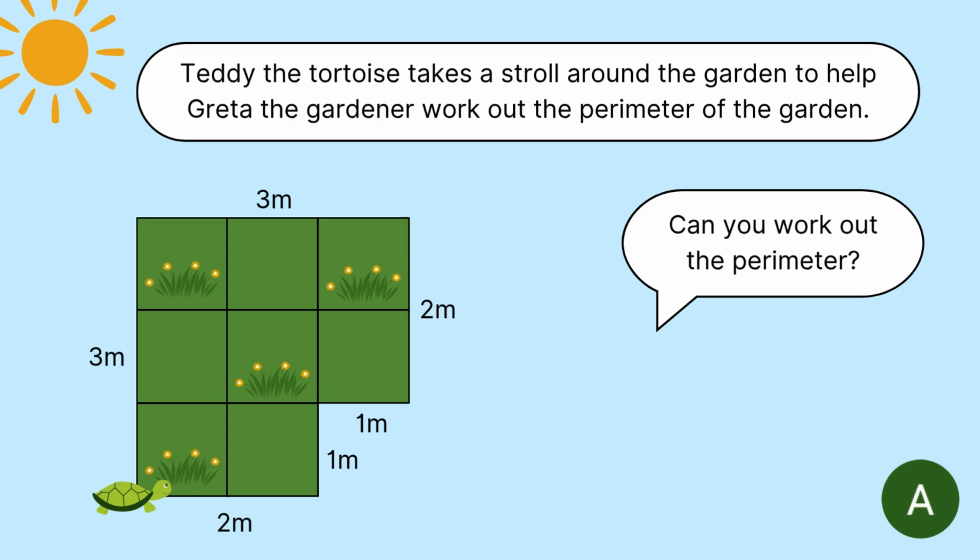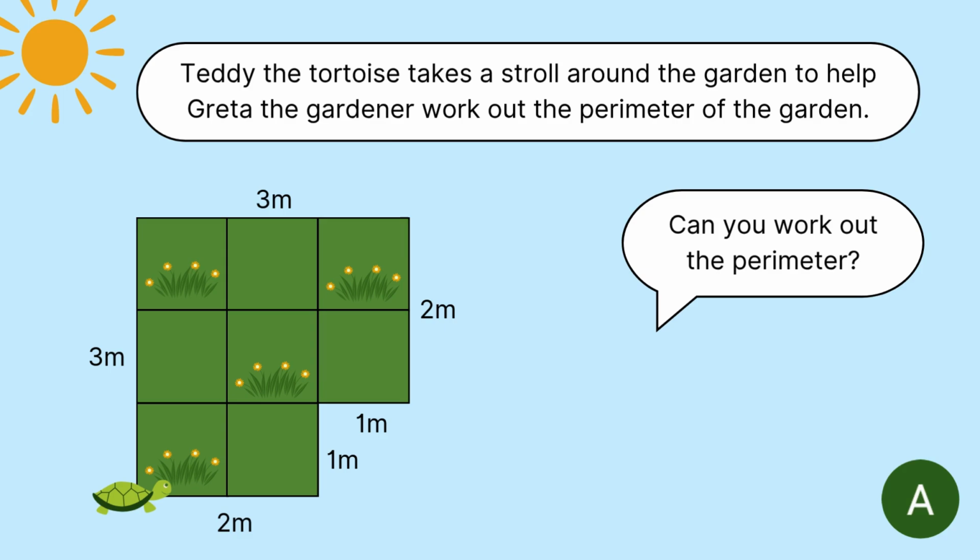So, they have mentioned it's 3 meters, 2 meters, 1 meter, 1 meter, 2 meters, and 3 meters. So, what I did was wrong because we can see the tortoise is down there. So, we have to go this way.